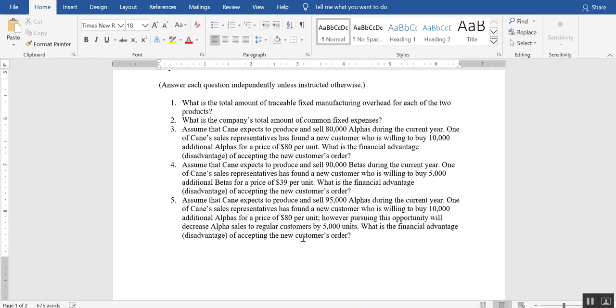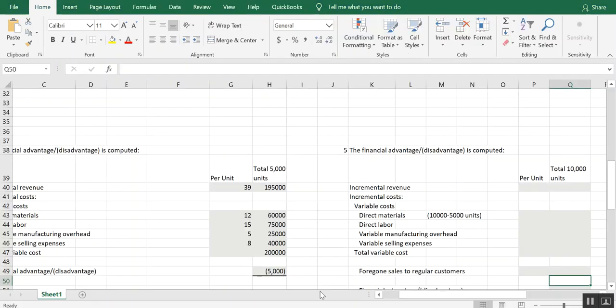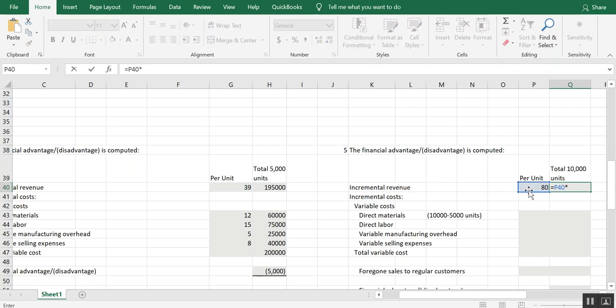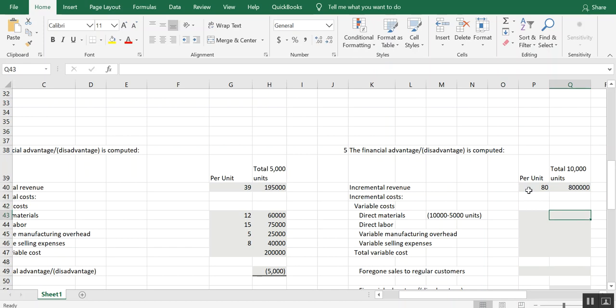So we're going to go to the worksheet and calculate this again. So here, with number 5, the incremental revenue per item is going to be $80. And we're going to take that $80 times 10,000 because that's how many units we'll sell to this new customer. Now, when we get down to the incremental cost, we have to think about this because we're going to get an order of 10,000 units, but we have a limit of what we can actually produce.